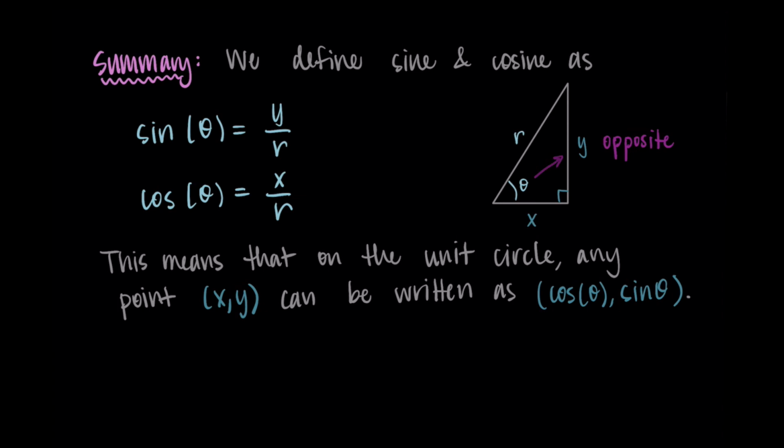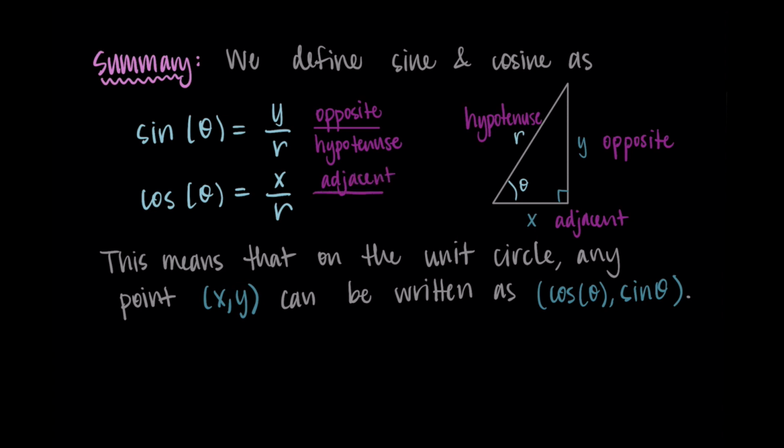Then if you were standing at the angle and looked right next to you, you'd see the adjacent side. You'd also see the hypotenuse, but the adjacent is just the one that isn't the hypotenuse. So the adjacent side is x, and then the hypotenuse is the longest side of the triangle, and it's our radius r. So we can actually rewrite our functions as sine is opposite over hypotenuse, since it's y over r, and cosine is adjacent over hypotenuse, which is x over r.